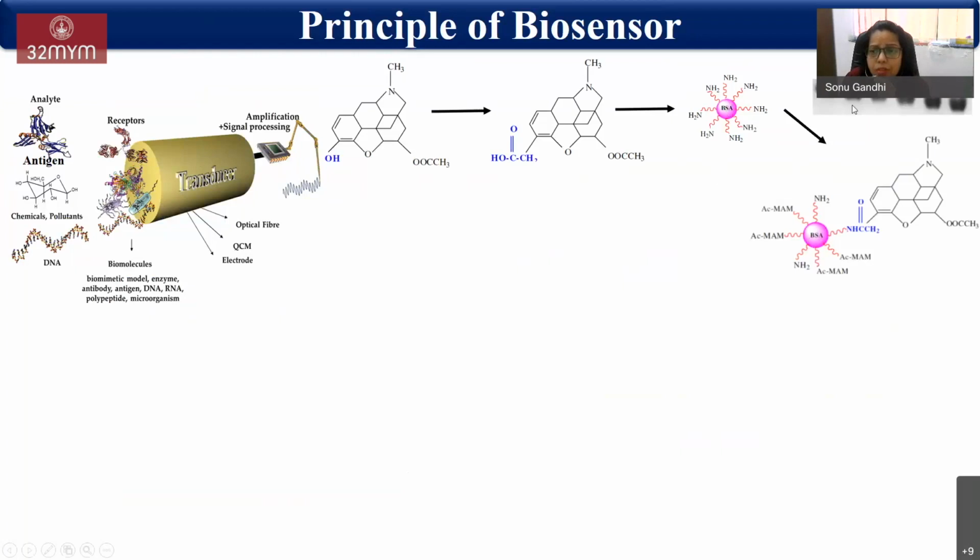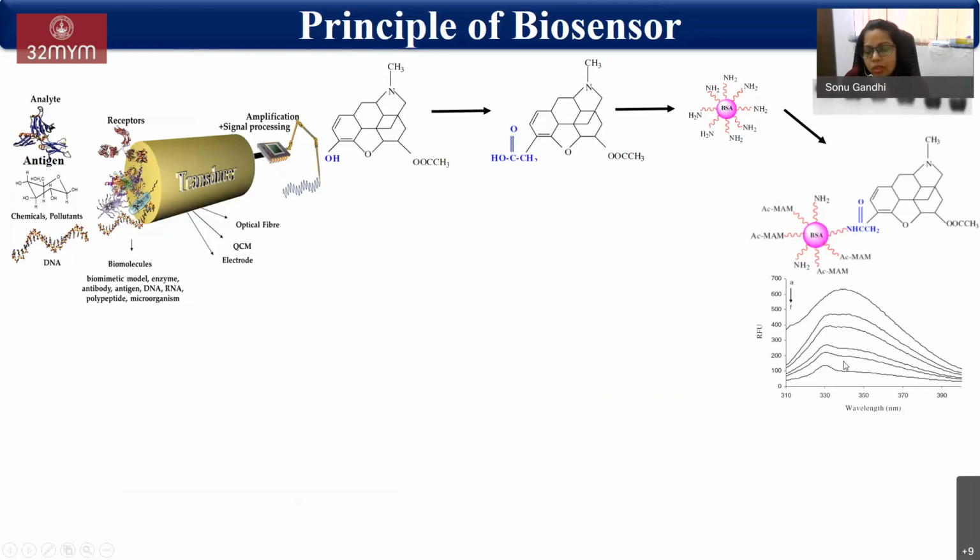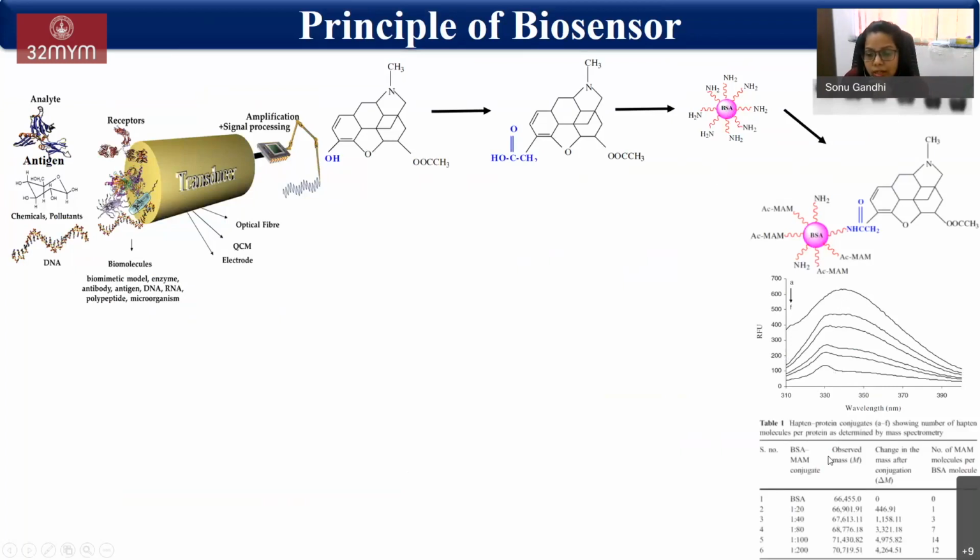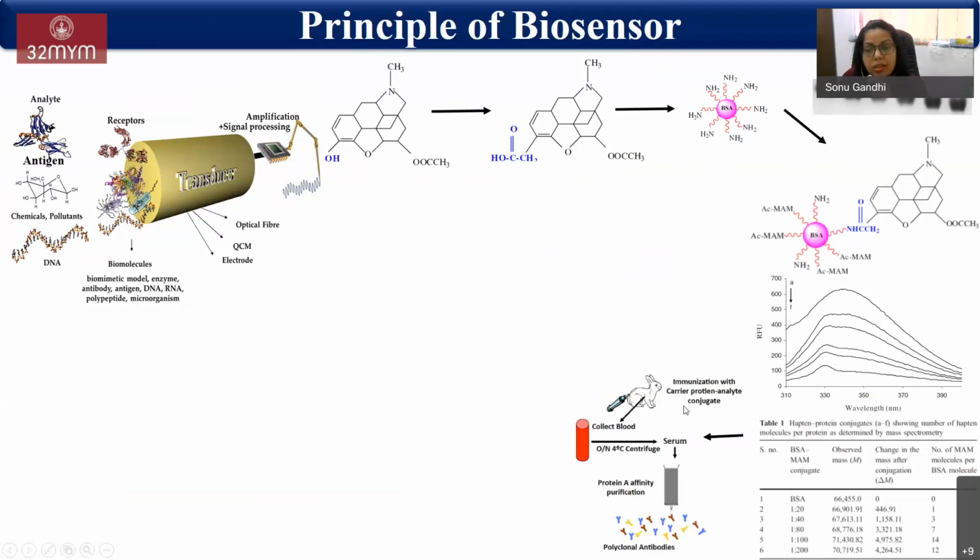After that, we characterize it with SDS gel electrophoresis. We can see that as we increase the number of these molecules, there is a shift in the gel. We also characterize this with other methods like fluorescence spectroscopy. You can see that as we increase the number of molecules, the fluorescence goes down. And later we validate it through mass spectroscopy to know exactly how many molecules are there.